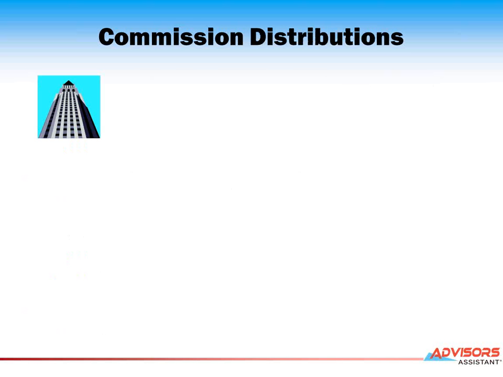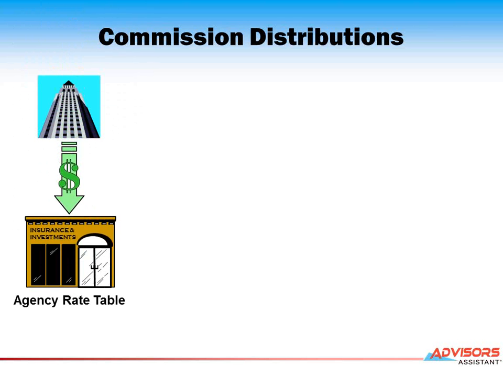So as you're determining which different levels of rate tables you're going to be setting up, you want to think about how your commissions are paid and distributed. First of all, the actual money that's being paid to the agency from the company, the check that's coming into the door from the company, that is set up in the agency level rate table.